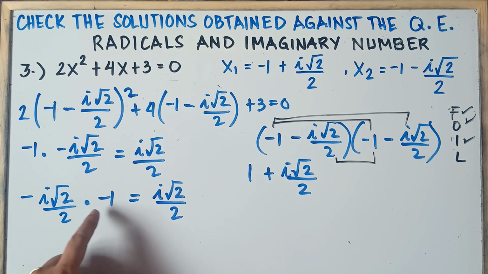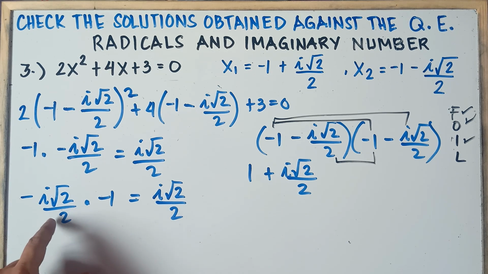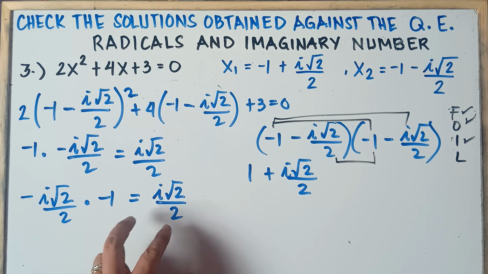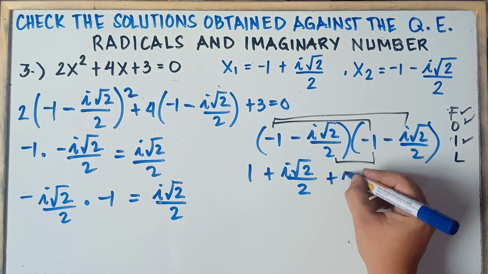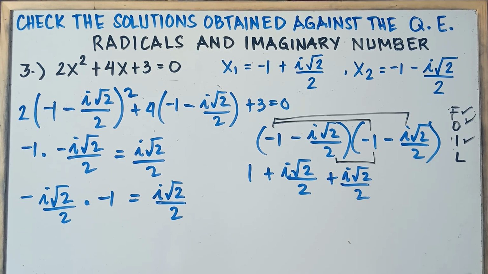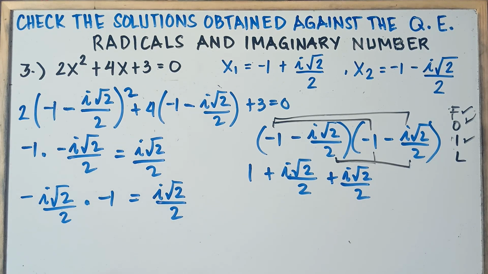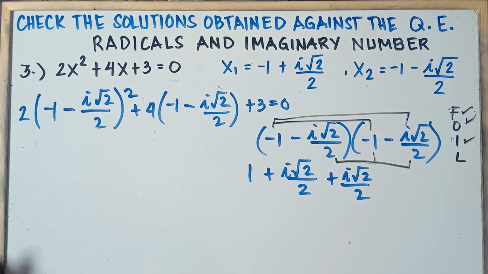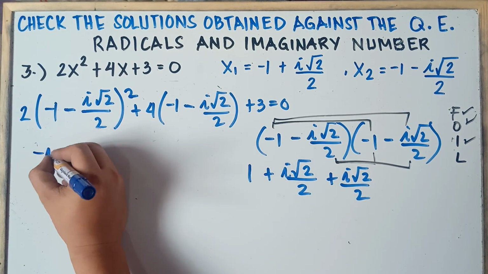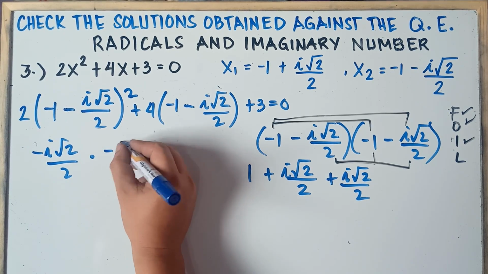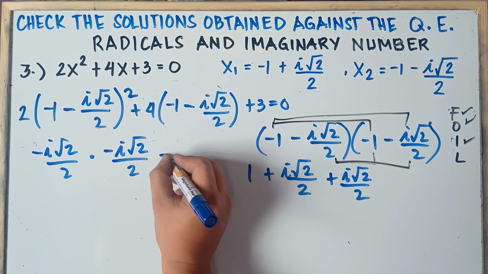Once again, class, negative times negative is positive. This equation, I square root of 2 over 2 times 1, that would be copy, class. I square root of 2 over 2. And we have positive because negative times negative is positive. So positive I square root of 2 over 2. And then last, this one, class. So negative I square root of 2 over 2 times negative I square root of 2 over 2.